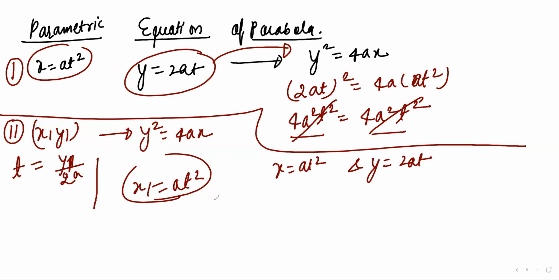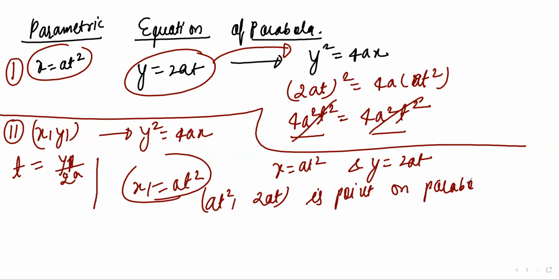So the point at square, 2at is a point on the parabola, that is y square equal to 4ax, right? Of this form, so this point lies on the parabola.